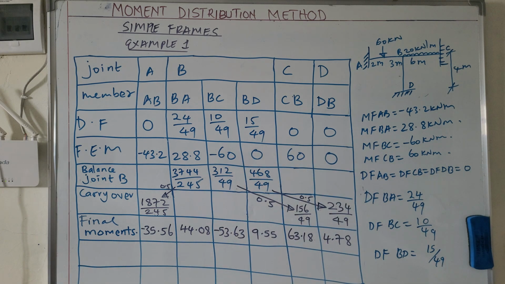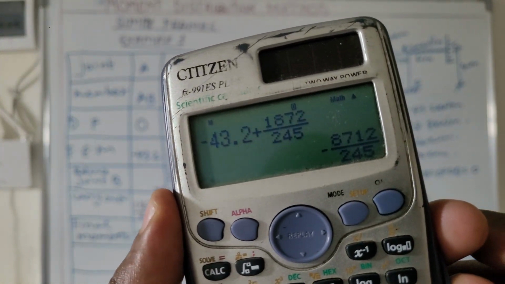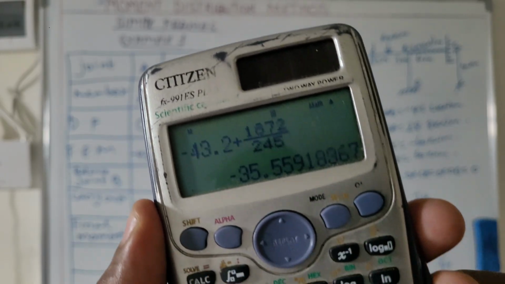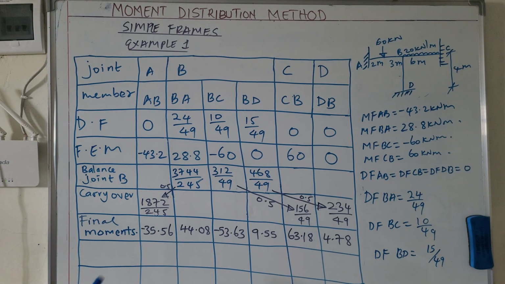So negative 43.2 plus 1872 over 245. So the answer is this one. And then from there, you can write your answer in decimal places. So that is negative 35.56. Here it is.